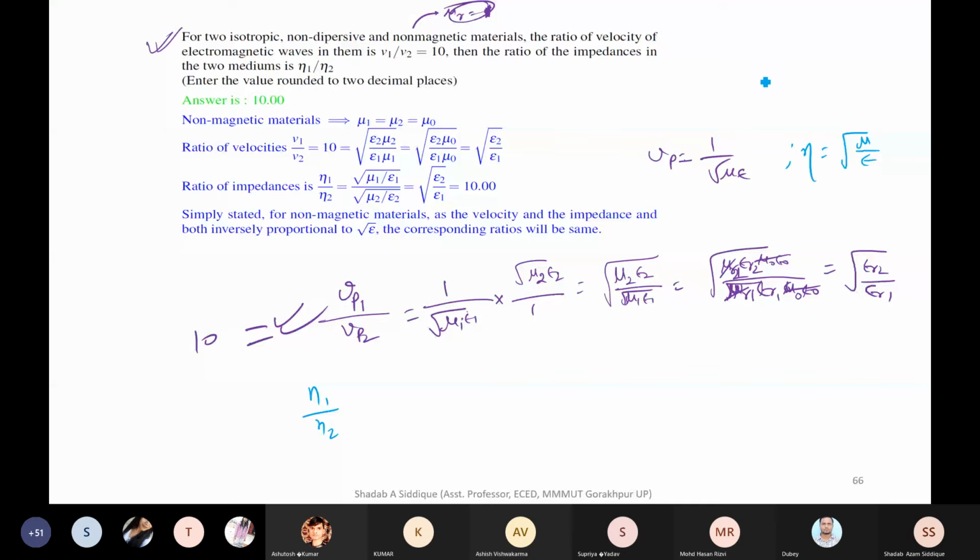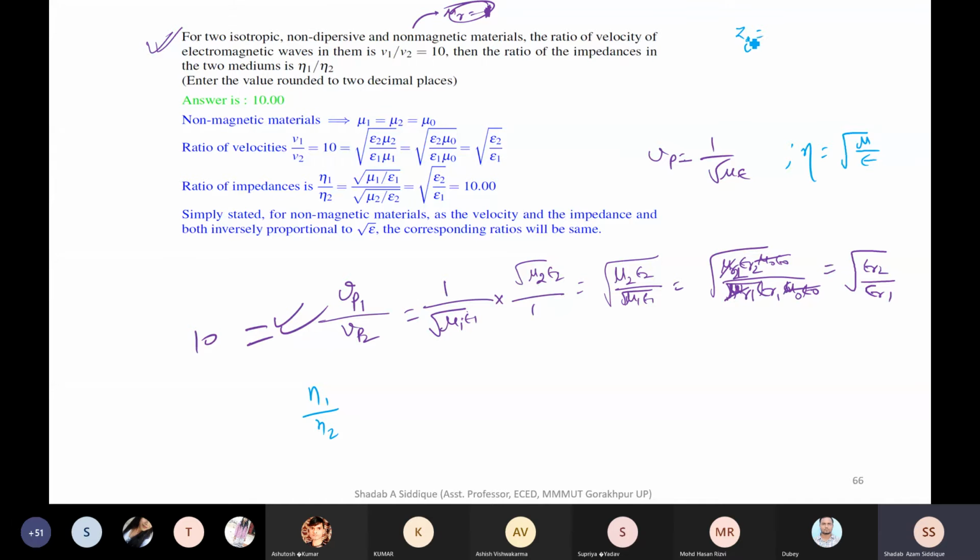For the waveguide, while we were solving, there is an intrinsic impedance. For the waveguide, I'll let you know, because here it may mix.